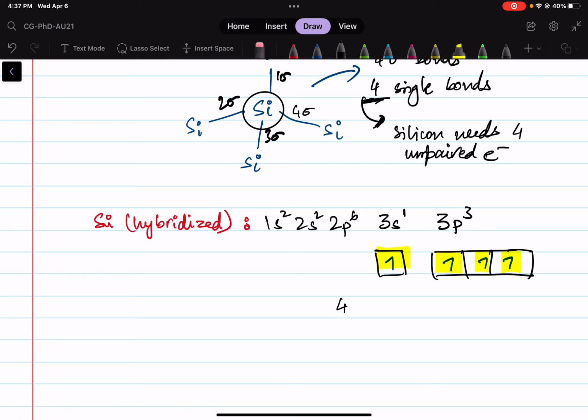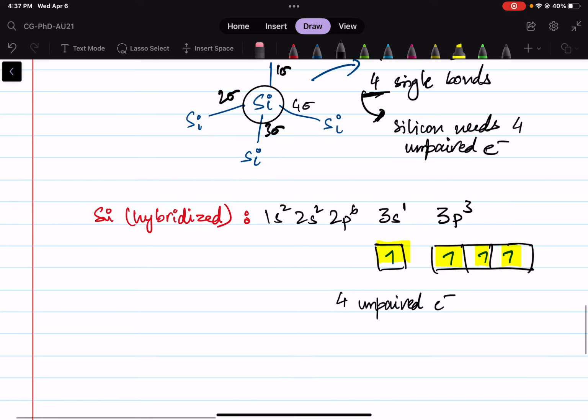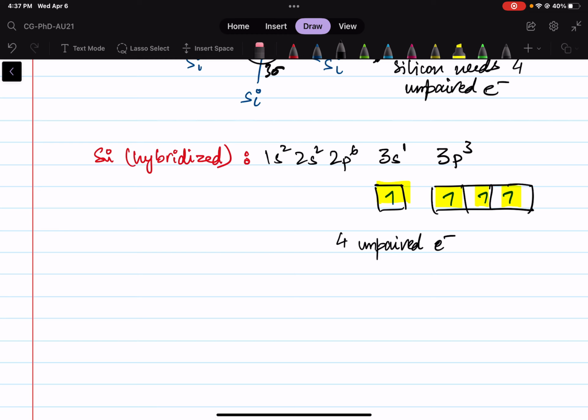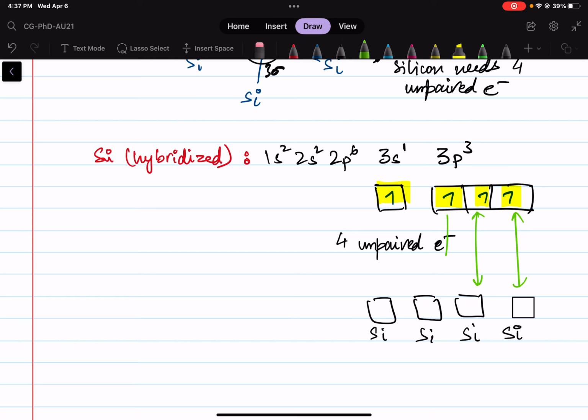You have 4 unpaired electrons, and each one of these can combine with an unpaired electron in silicon. So you can have 4 silicon atoms, and you can build connections with 4 silicon atoms, because now you have 4 unpaired electrons. And again, just by carefully analyzing, you had 1 s orbital involved and 3 p orbitals involved, right?